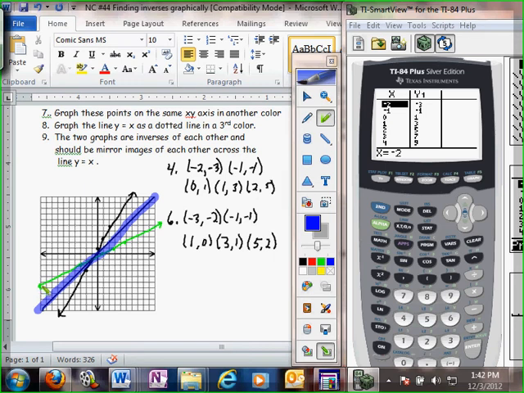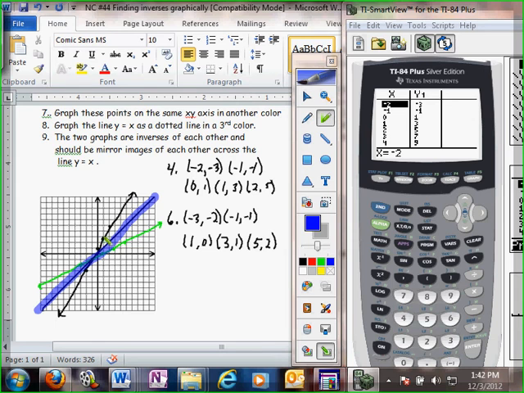And that will happen every time when you're looking at the graph of a function and its inverse, or just two relations that happen to be inverses of each other. Okay, so you should be able to see that reflection in the line y equals x.